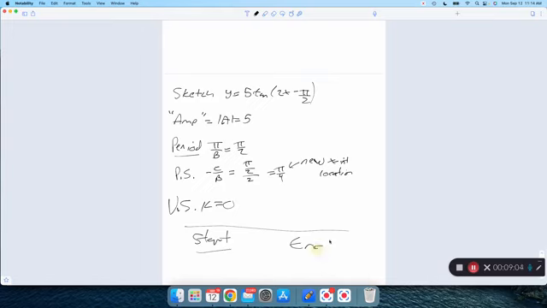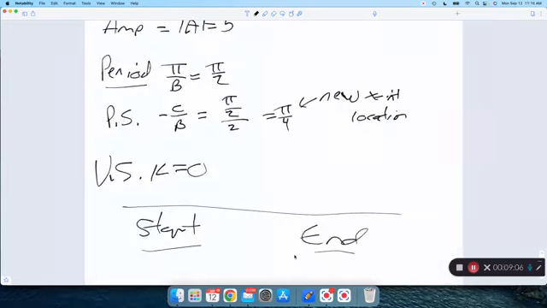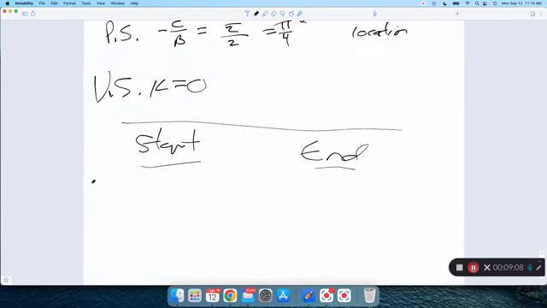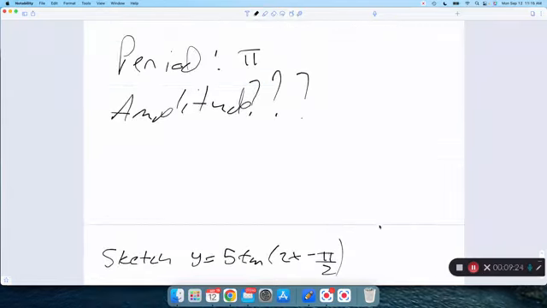Take good notes here. Our start and end for tangent, we're going to find inside equal to negative pi over 2, and inside, whatever's inside the parentheses, equal to positive pi over 2. Those were the old asymptotes. See, look at this picture.